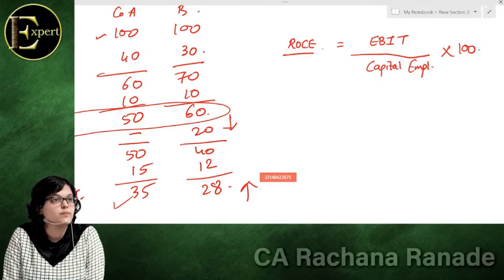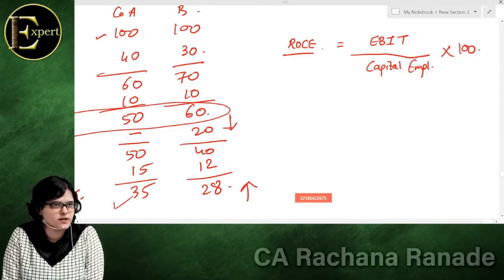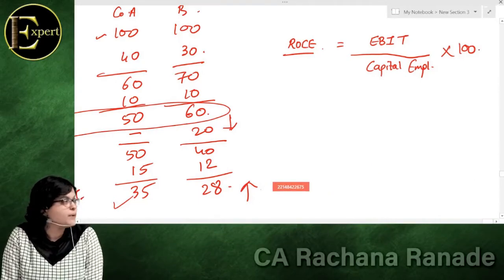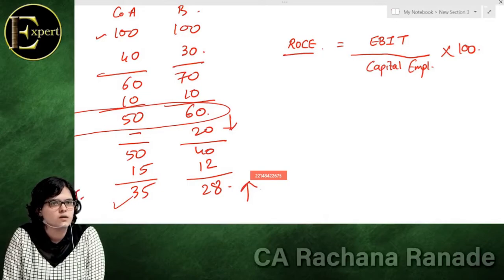EBIT is what? Earnings before interest and tax, divided by capital employed, multiplied by 100. Now we must know what is capital employed.